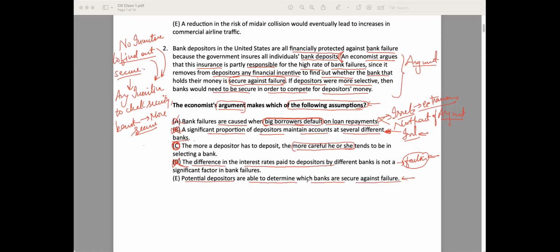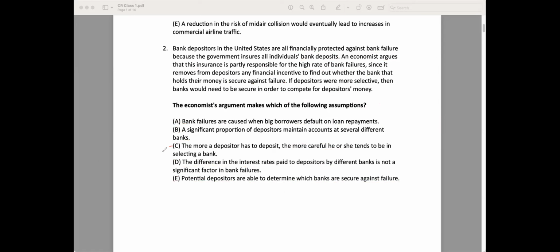So what it talks about is whether the depositors can or cannot determine which banks are secure. So this option also talks about whether the banks are secure or not. Let's keep this option. Okay. Now we have kept two options, option C and D.